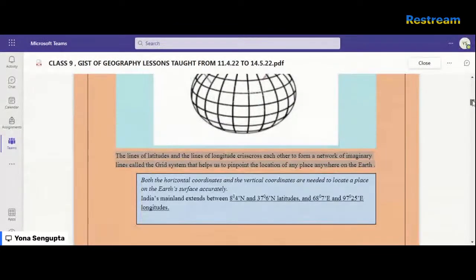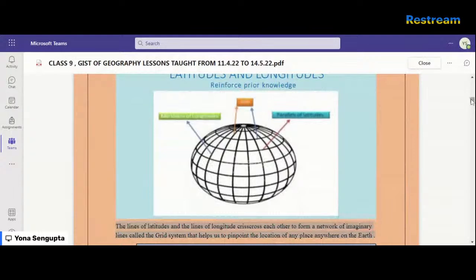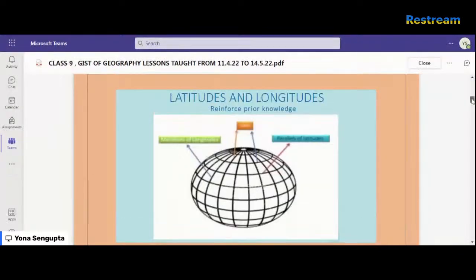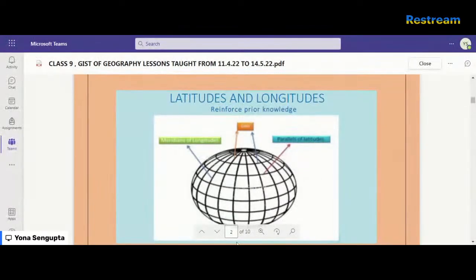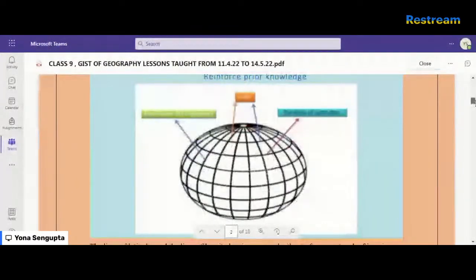I hope you can see this picture here about the latitudes and longitudes.